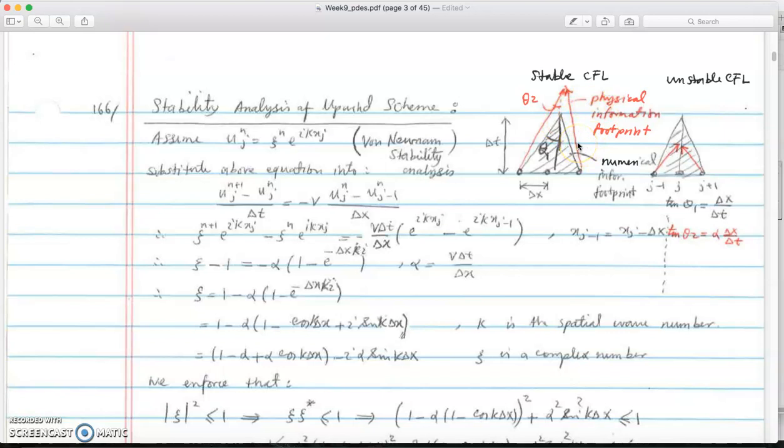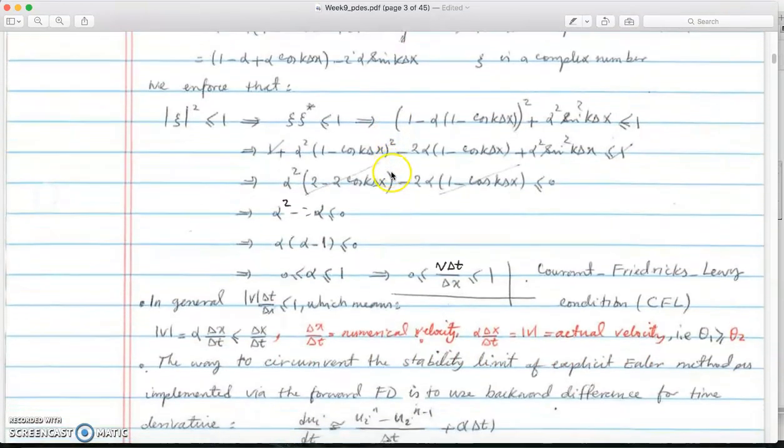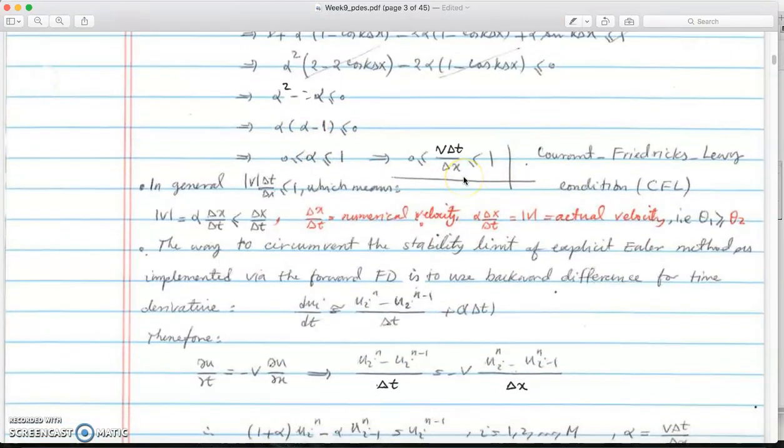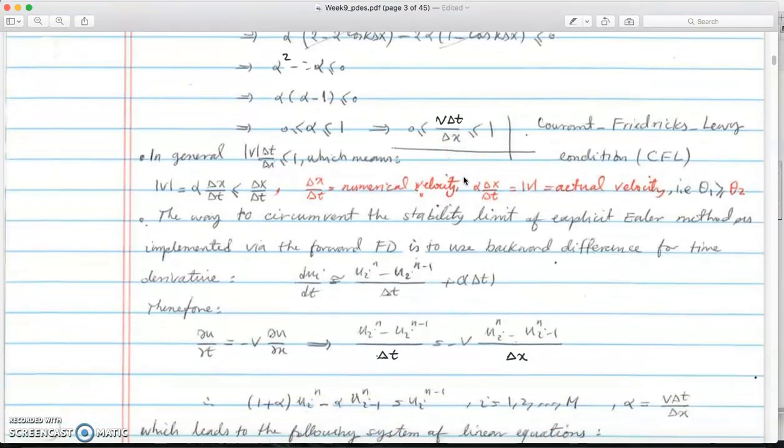So physically, the information is moving in time faster than what I calculate, which makes sense. So we cannot bypass the time. That's what the condition is saying. All right. So from now on, we're going to refer to the CFL condition to have a stable discretization or stable numerical technique.